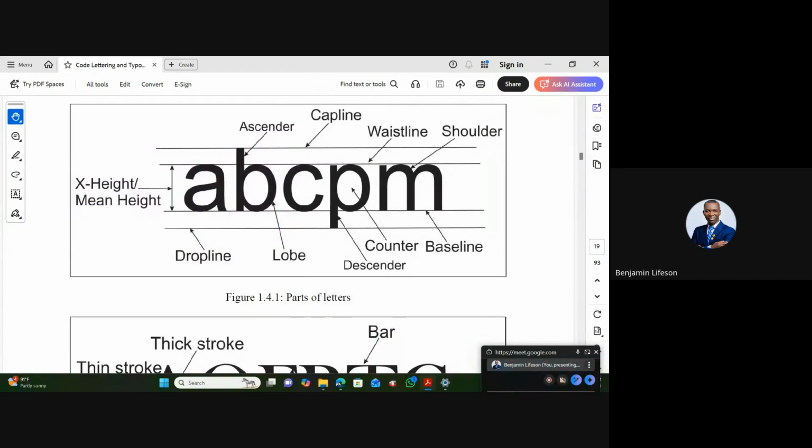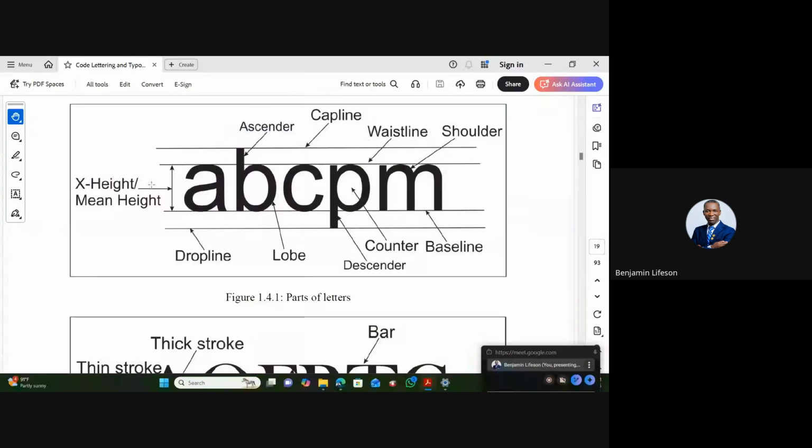Ascender is the rising part of a letter which is above the X line. We can see the X line over here. This is the X height. This line and this line are known as the X height or the mean height.